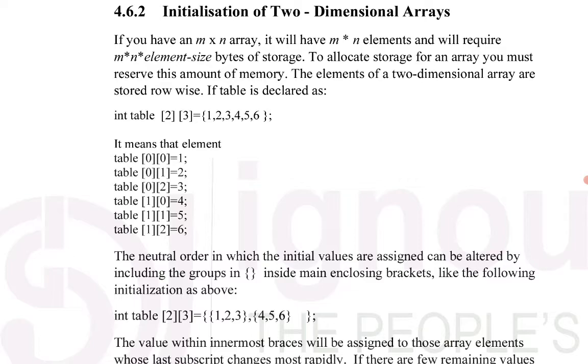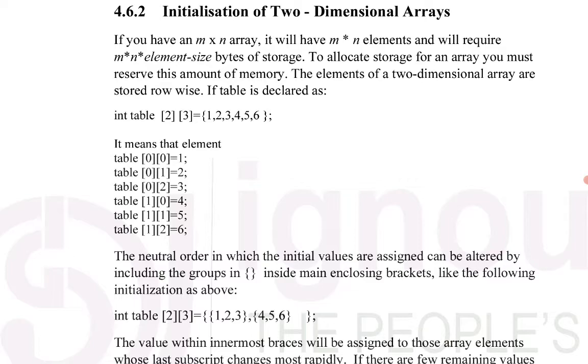To allocate storage for an array, we must reserve this amount of memory. The elements of a two-dimensional array are stored in rows.